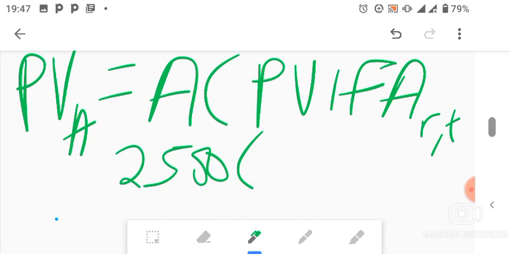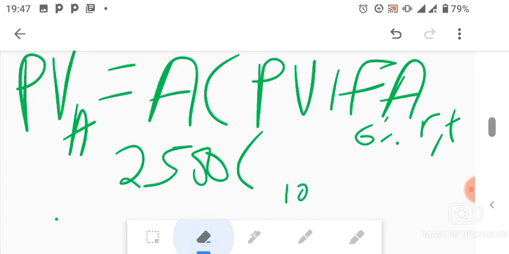You'll notice that the rates follow a horizontal line on top, and the time period follows a vertical line on your left-hand side. Let me just illustrate it a bit. You have your 6% on the top part, then your 10 years on the left-hand side of the table. Where these two lines meet, that is the figure we want.